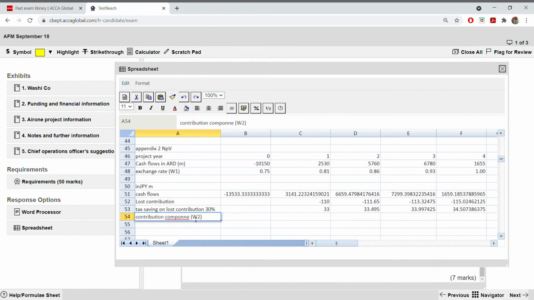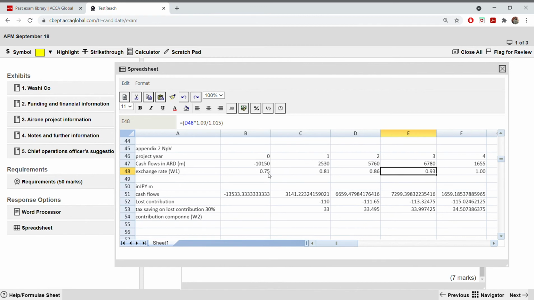Now I've just gone through the marking scheme. Separate working is there for all this. The exchange rates they have taken, that's why working 1 is there, but here I have taken directly into this as it is, but separately also you can keep the working.